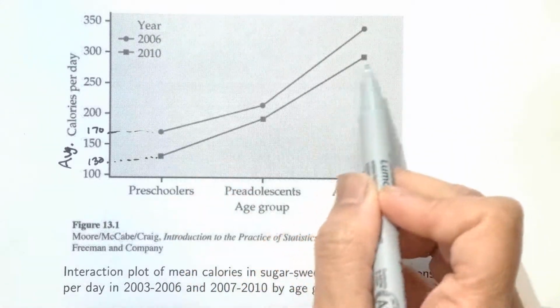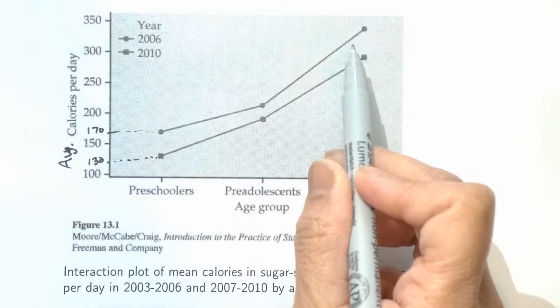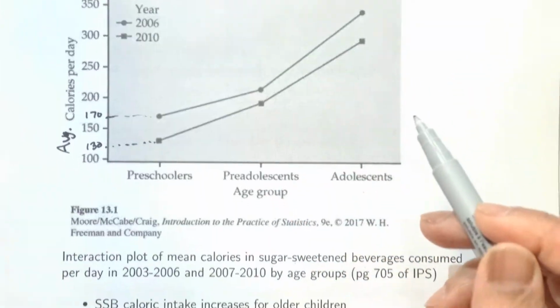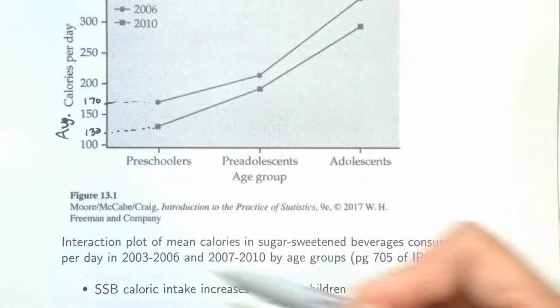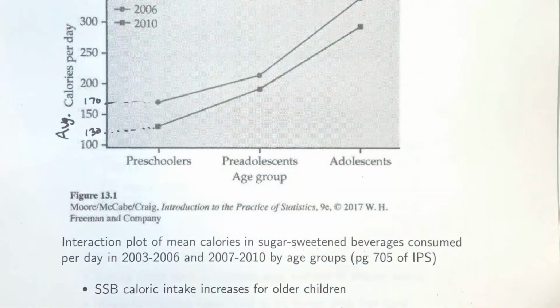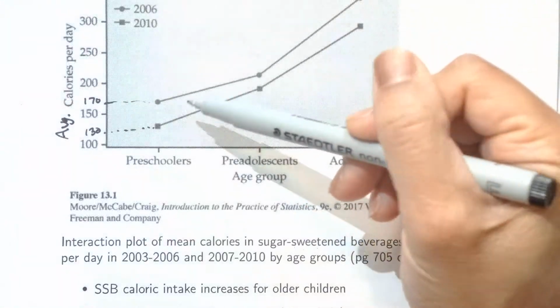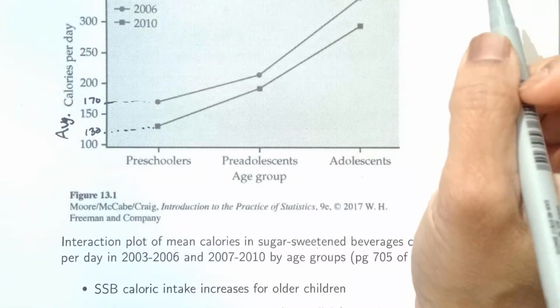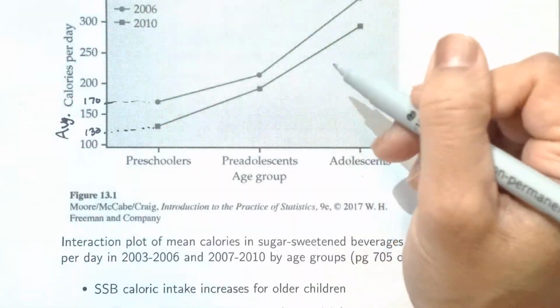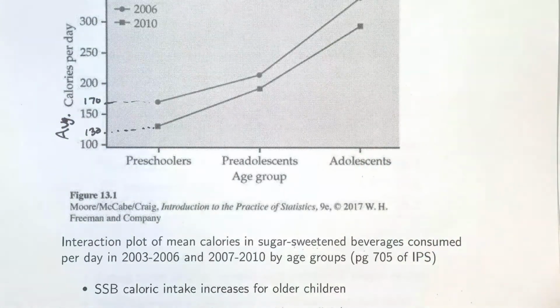What we can see is that this is called an interaction plot because we've got a different profile across the age groups for each year. What we can see pictorially is that the caloric intake increases for older children, but the key is that these lines don't cross. So that is suggestive that perhaps these profiles are roughly parallel, which would be indicative of not having an interaction.